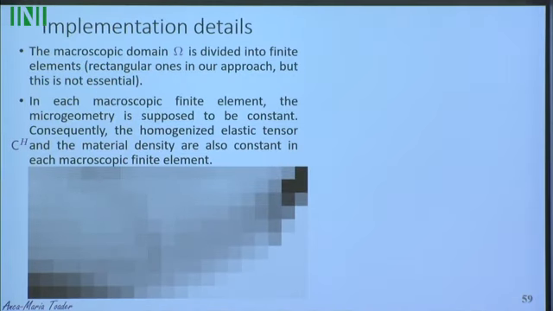Okay, so here are some implementation details. Here is our macroscopic mesh. It is done with rectangles, but it could be done with triangles or so on. In each macroscopic finite element, the microgeometry is supposed to be constant, so consequently the homogenized elastic tensor and the material density are constant here.